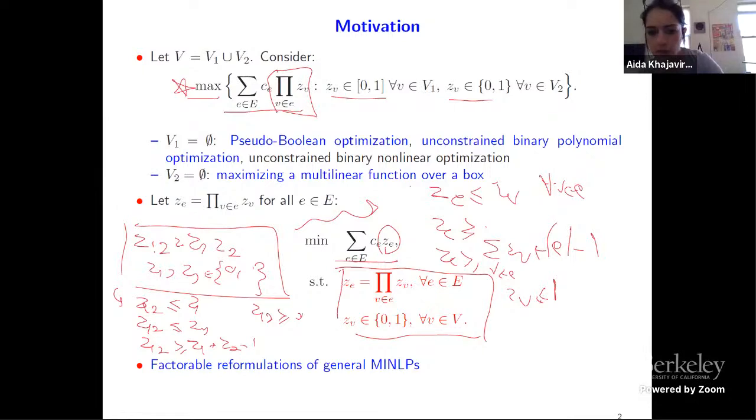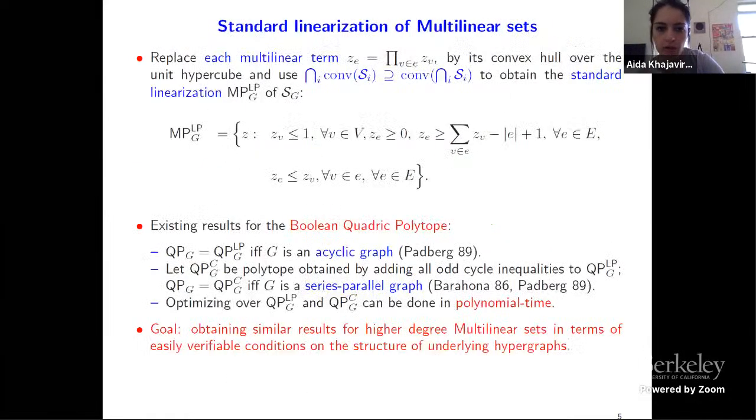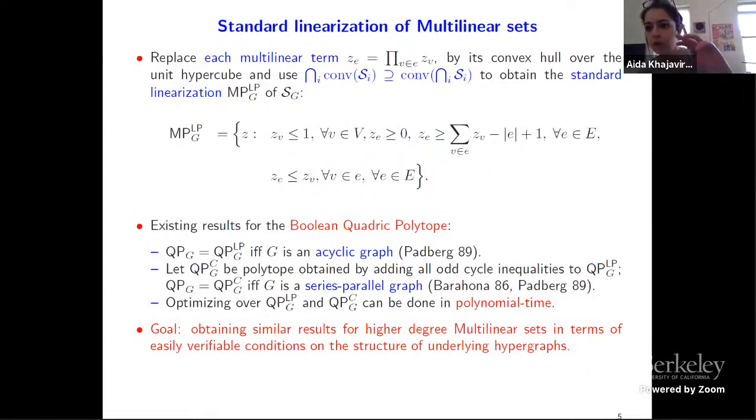Okay, and also we know that the convex hull of an intersection is a subset of the intersection of convex hulls. So if I use that technique to replace each product by its convex hull one at a time, I obtain a convex relaxation of the multilinear set. This is called the standard linearization.